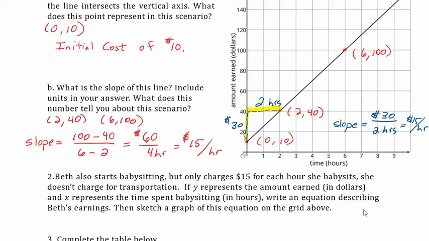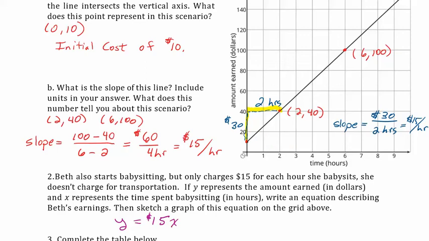Sketch a graph of the equation on the grid above. All right, so y is the amount she earns in dollars, and she charges $15 for each hour of babysitting. So we're going to take $15 times each hour, which is represented by x.